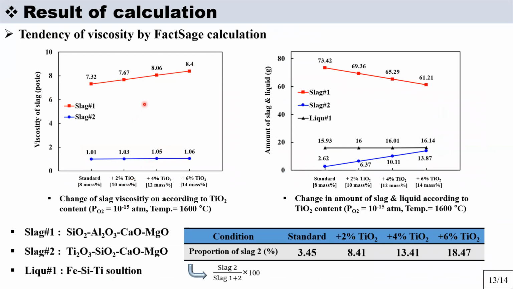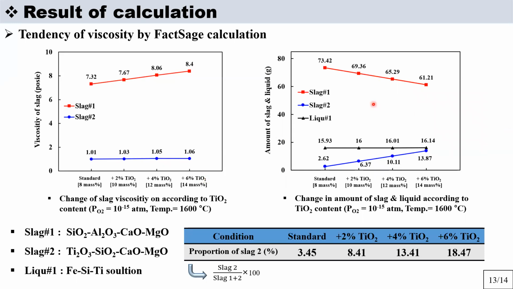This left figure shows the viscosity tendency with TiO2 contents. The viscosity of slag 1 increases slightly as the amount of TiO2 increases. On the other hand, slag 2 has a constant value regardless of the amount of TiO2.